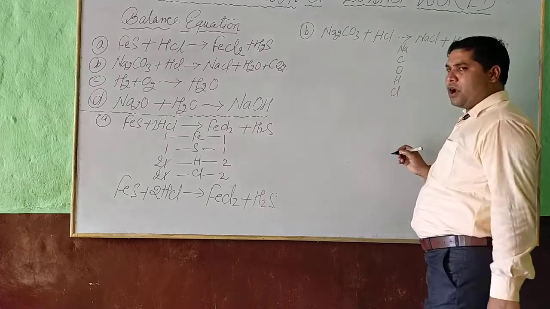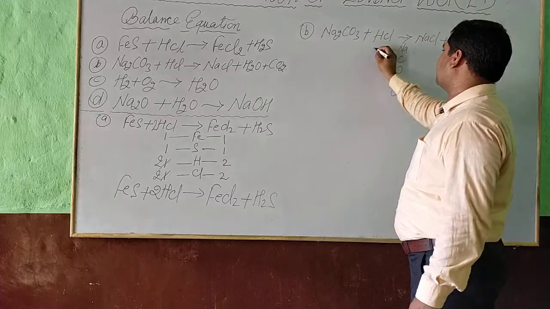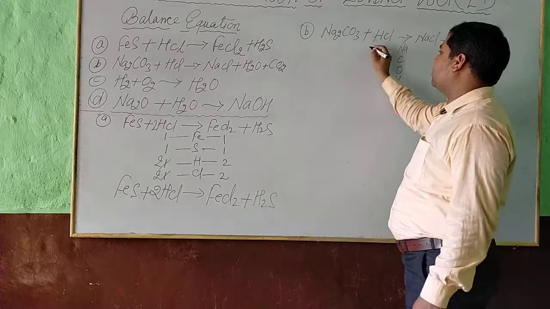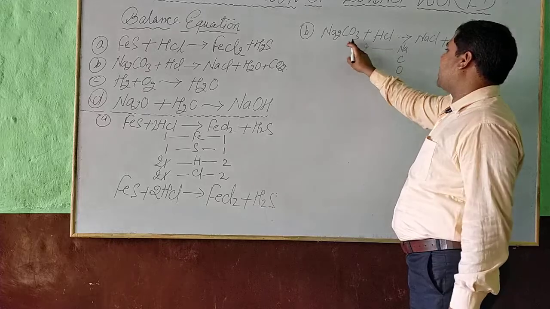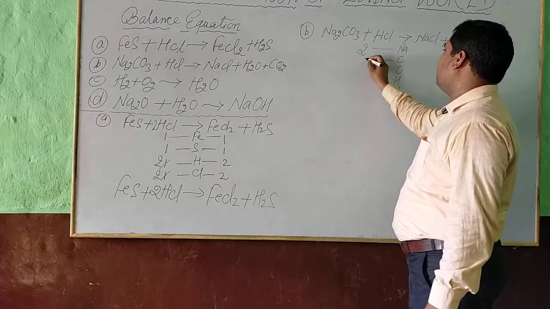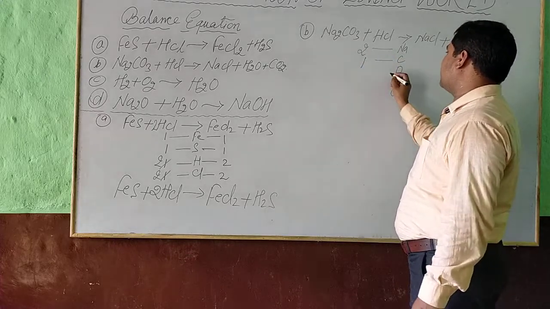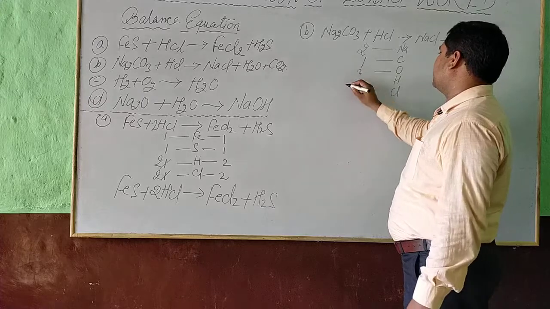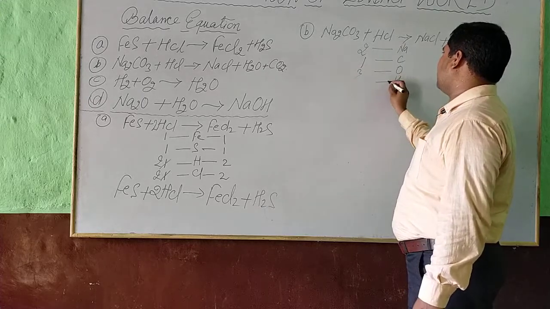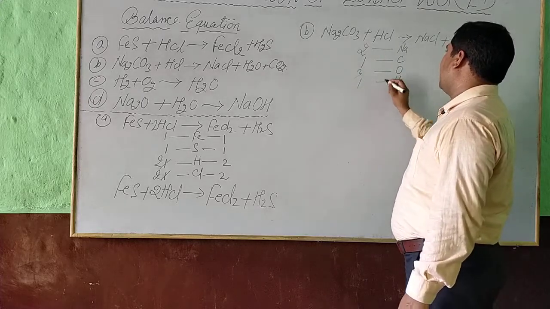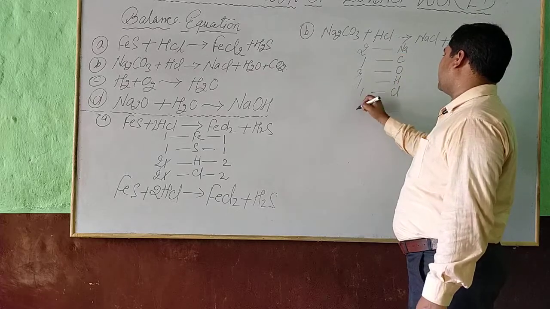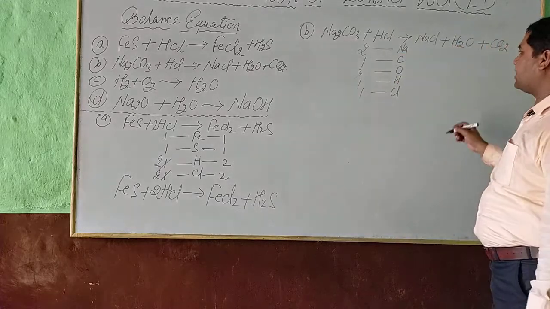Now we will count the number of atoms. See here, sodium 2, carbon only 1, oxygen 3, hydrogen 1, and chlorine also 1. Now we will see the product side.